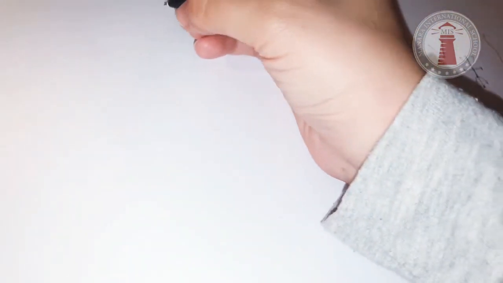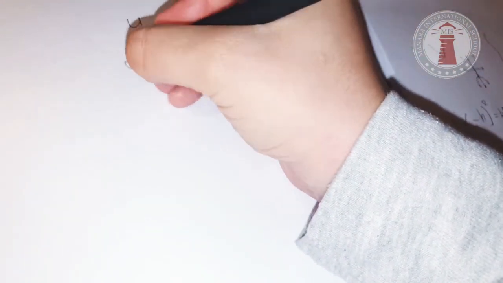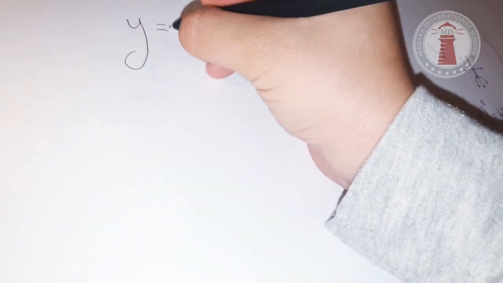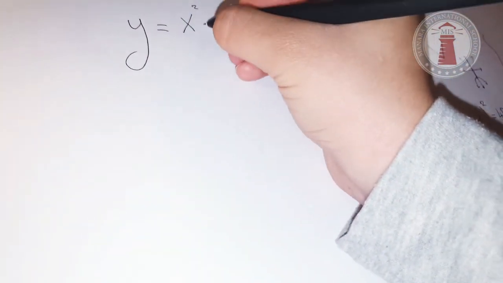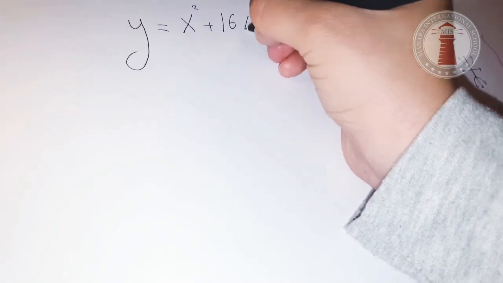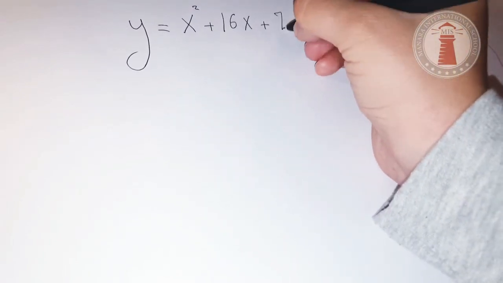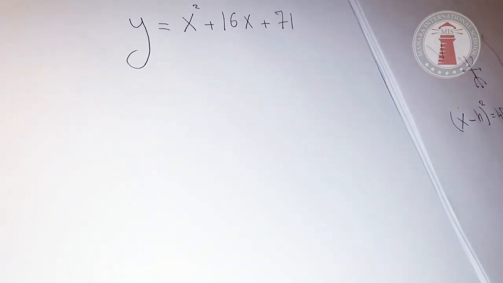Now, the first example says y equals x squared plus 16x plus 71. The question says, use the information provided to write the vertex form equation of each parabola.